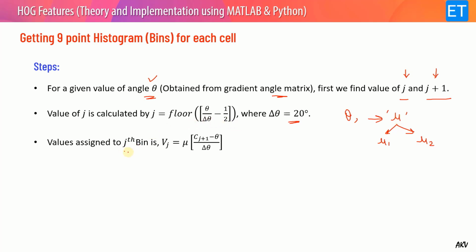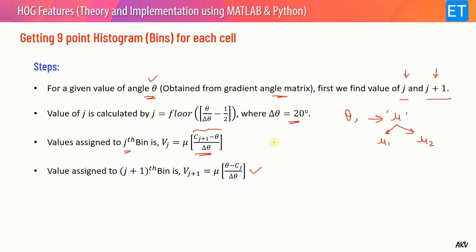To the jth bin, the portion of the mu, I mean the magnitude, is given by this equation. This is your magnitude mu, and this quantity inside the bracket will give some fraction, let's say 0.8 or 0.6. So 0.8 means 80% of the mu will be given to the jth bin. And to the j plus 1th bin, this is the corresponding value that will be given.